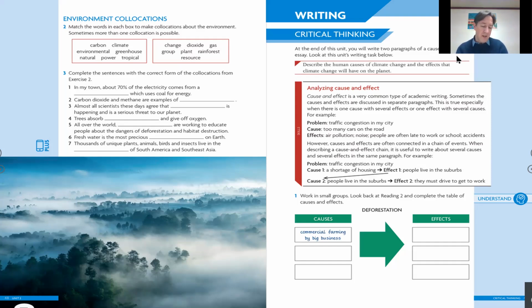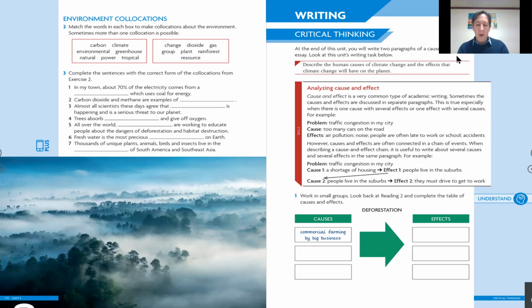And 7, thousands of unique plants, animals, birds, and insects live in the tropical rainforests of South America and Southeast Asia. All right, so I think that's going to be most of the vocabulary for Unit 2. Reading 1, Reading 2, environment collocations.